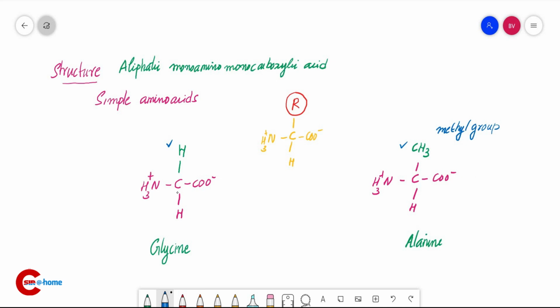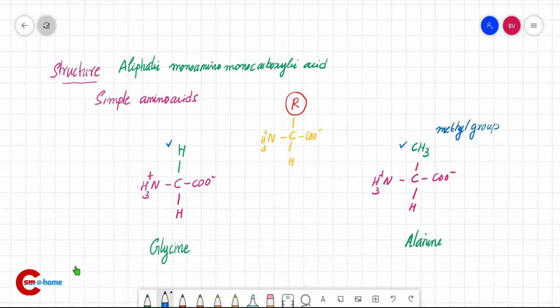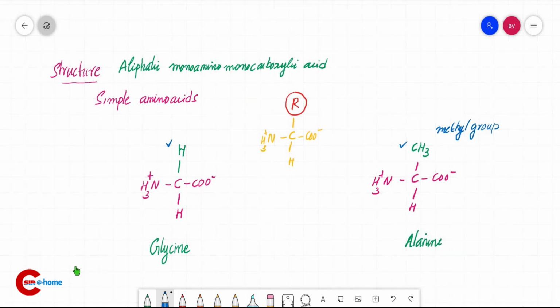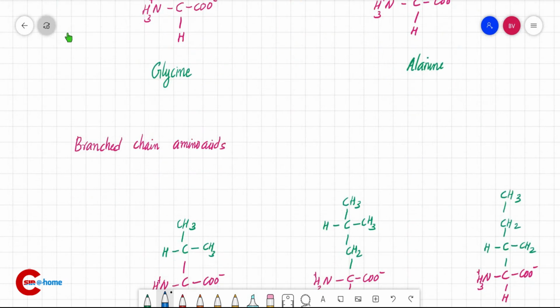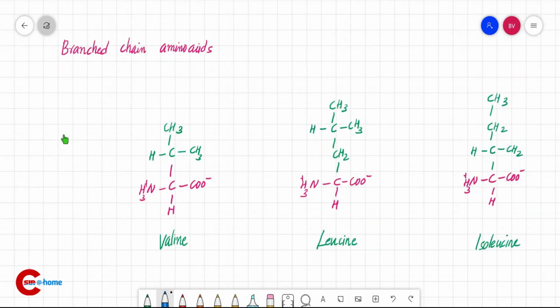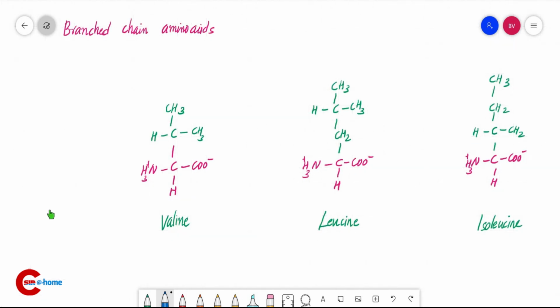Aliphatic monoamino monocarboxylic acid. Here you can see it contains only 1 amino group and 1 carboxylic acid. Here also 1 amino and 1 carboxylic acid. That's why it is known as simple amino acid. Which is the second category of monoamino monocarboxylic acid? That is branched chain amino acid.